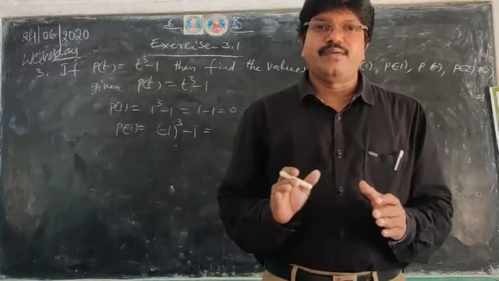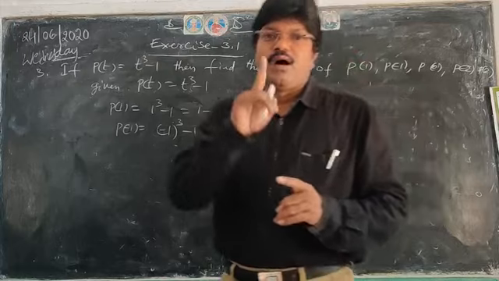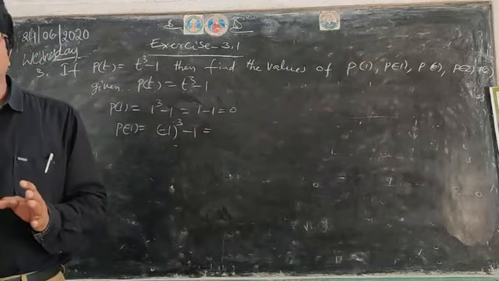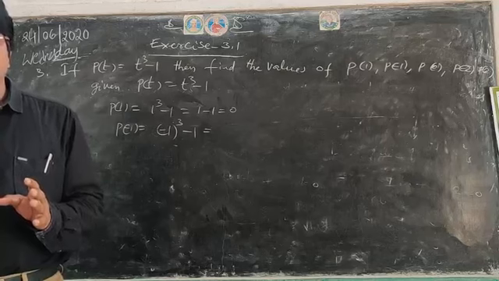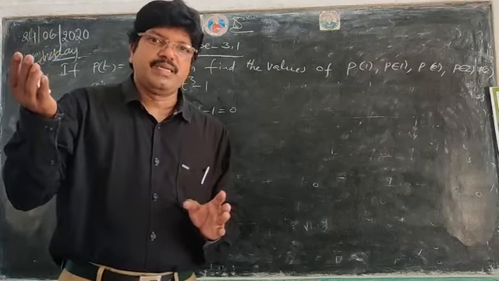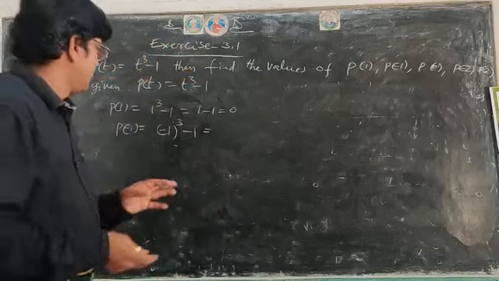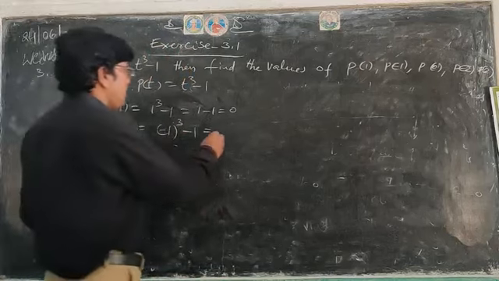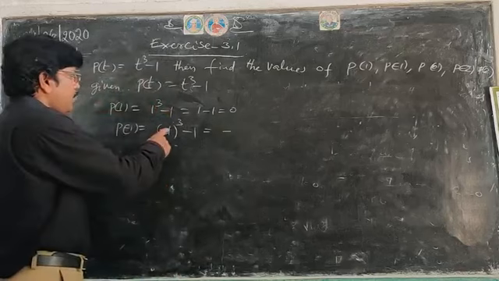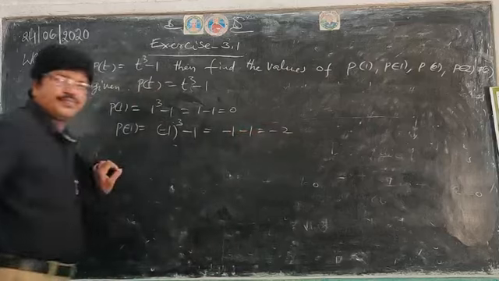If any number with minus has a whole power that is an odd number, the sign does not change. This stays minus. If the power is an even number, it changes to plus. So it's an odd number, that's why minus stays as it is. 1 cube is 1, minus 1 equals minus 2.